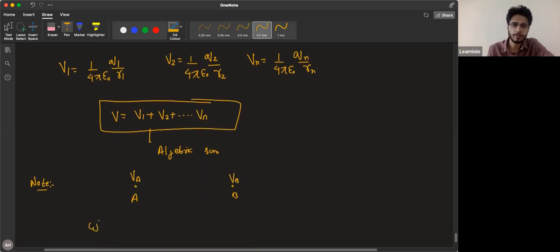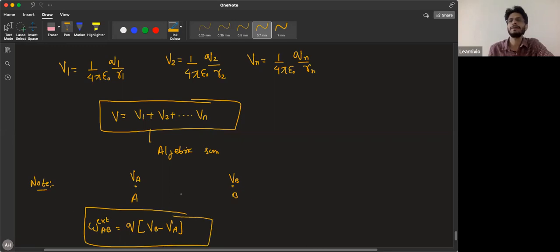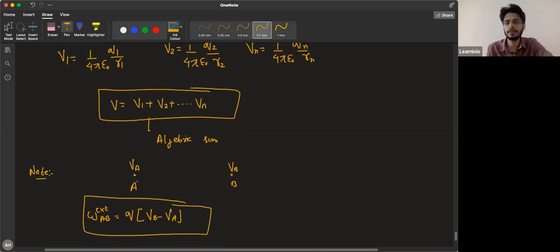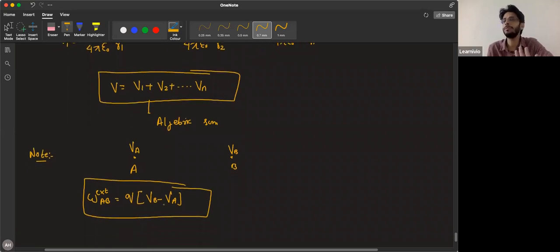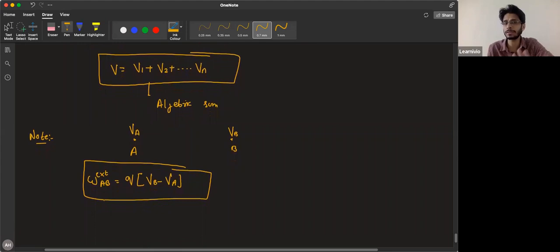I need the work done by an external force in carrying a charge from A to B. That work done is Q times the potential at B minus the potential at A, Q(VB minus VA). This is always the work done by the external force. It's a shortcut method to calculate work done if potential is given.